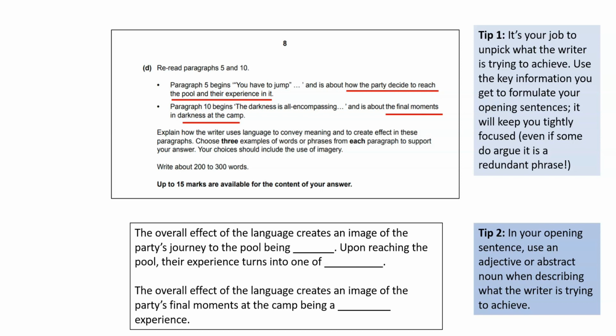For the second bullet point, the overall effect of the language creates an image of the party's final moments at the camp being a suitable adjective, experience. So it really shows the examiner that you have understood the text. Really important, guys, to use that key information from both bullet points.